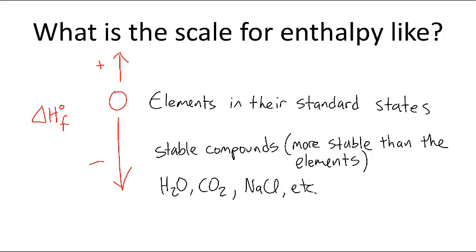What kinds of things would have positive potential energy or positive enthalpy on this scale? Because remember, things with a negative enthalpy of formation, they still have potential energy. It's just relative to the elements. They have less than the elements. But what kinds of things do you think you'd find on the positive side? All right, individual ions maybe. Gaseous ions, definitely.